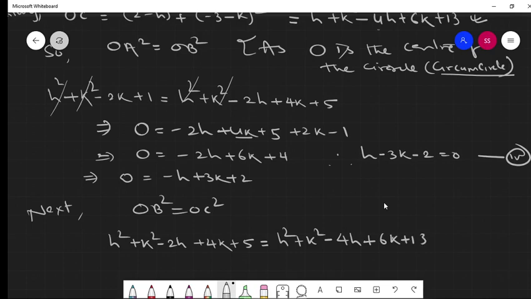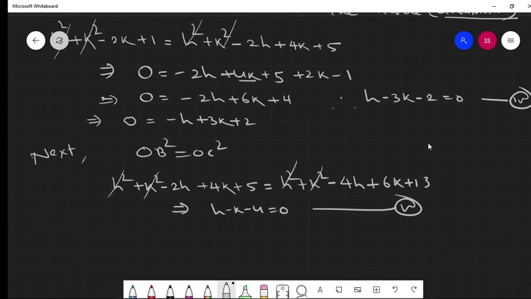The h square and k square cancel, and from this we obtain h minus k minus 4 equals 0. This is equation V. You can solve this.